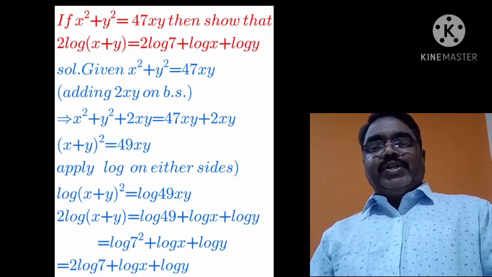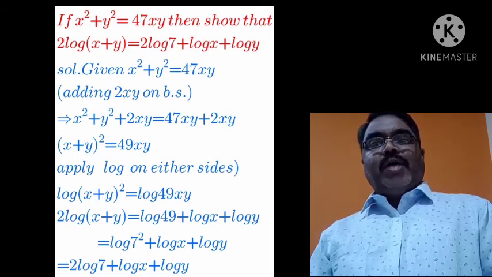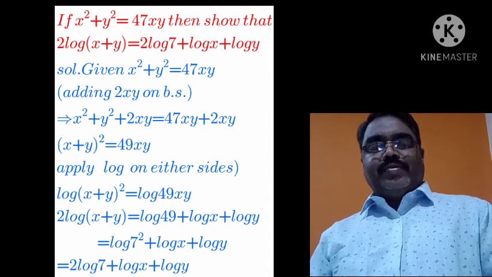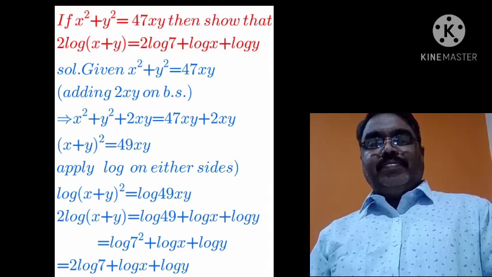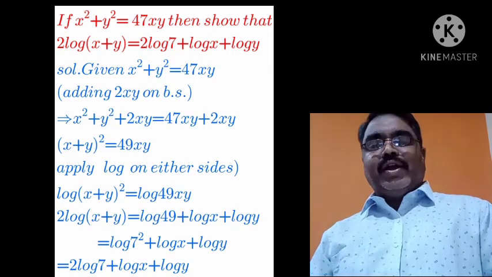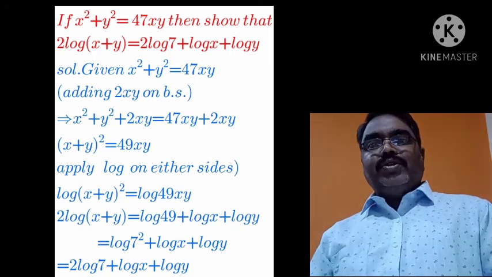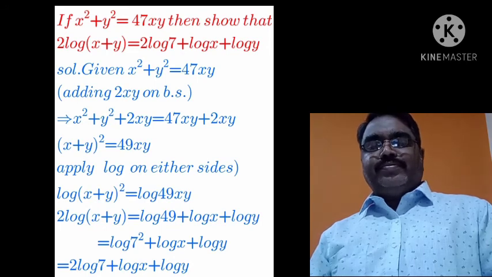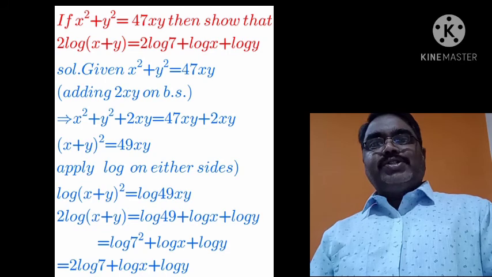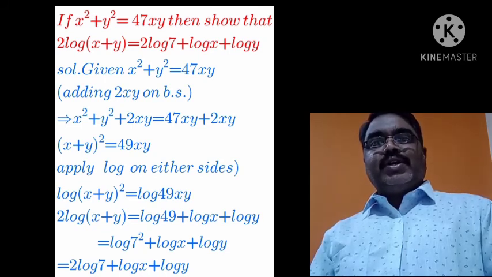After reaching this step, apply logarithm on both sides of this equation. That means logarithm of x plus y whole square is equal to logarithm of 49xy, taking log on both sides of this equation.